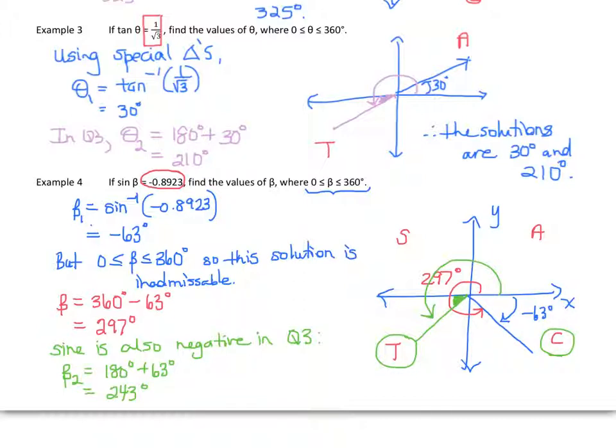So I'm going to add 180 degrees onto 63 degrees to find the measure of that angle, which will be 243 degrees. So therefore, the solutions are 297 degrees and 243 degrees. And that concludes this lesson.